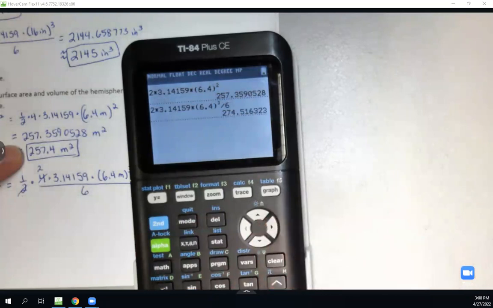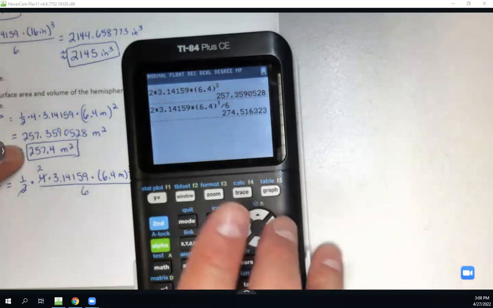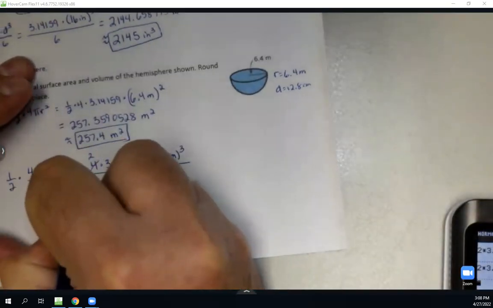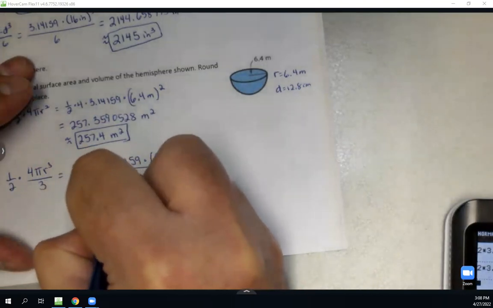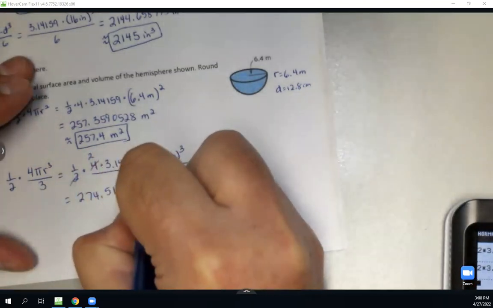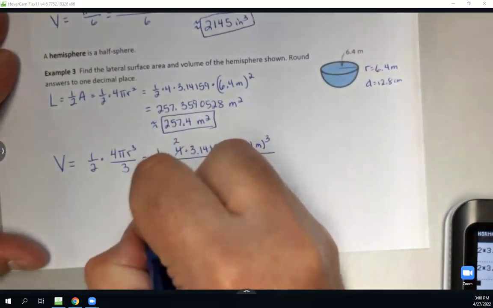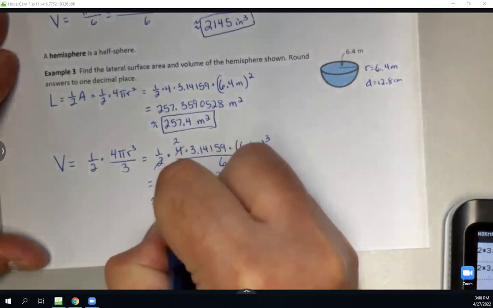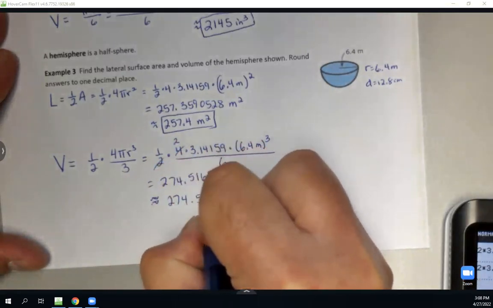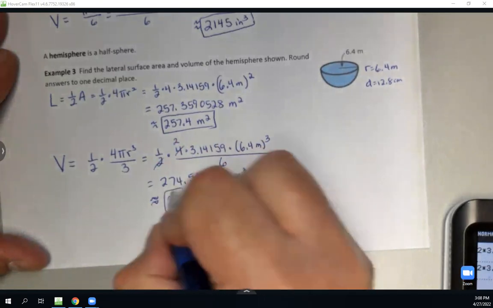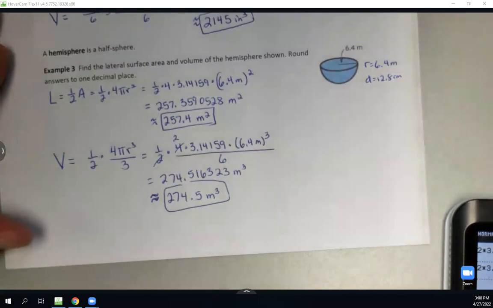And so that is 274.516323 cubic meters. So if I round to 1 decimal place, that would be about 274.5 cubic meters. Still nothing really new? Okay.